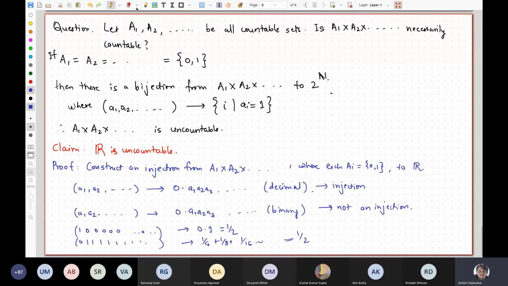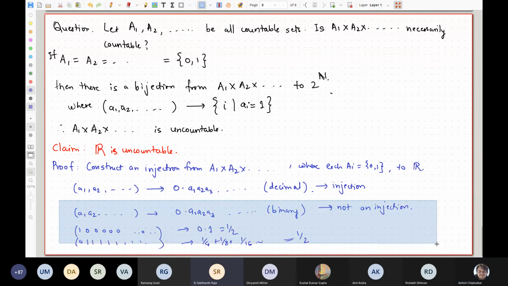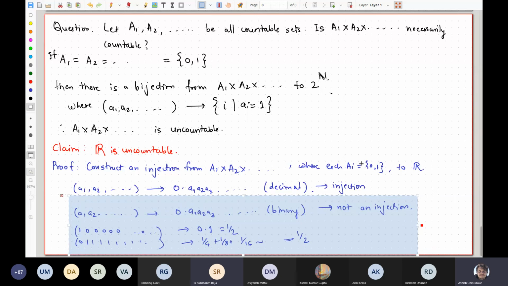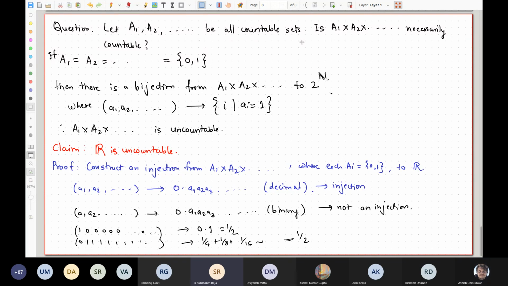Sir, I couldn't understand the idea and the question that you wrote previously. Could you repeat it? One sec. After you said that there is a bijection from this to 2 to the power n, because 2 to the power n is uncountable. Because 2 to the power n is uncountable and you have a bijection from some set to 2 to the power n, the cardinality of those two sets is the same.